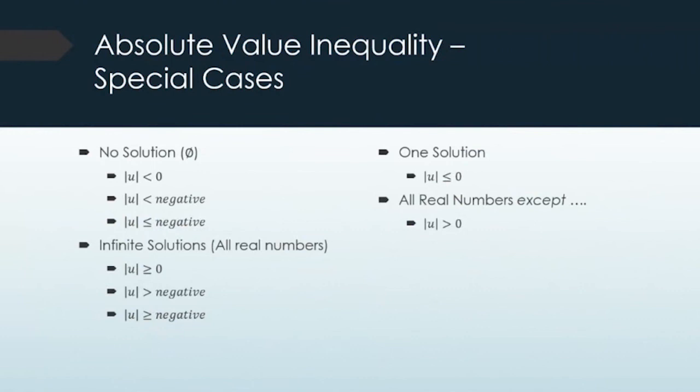You get one solution if your absolute value is less than or equal to 0, because essentially you're just solving absolute value equal to 0. And then you get all real numbers except something when your absolute value is greater than 0. So those are special cases that you have to pay attention to. And you can also figure it out logically once you have your solution and ask yourself what that means.